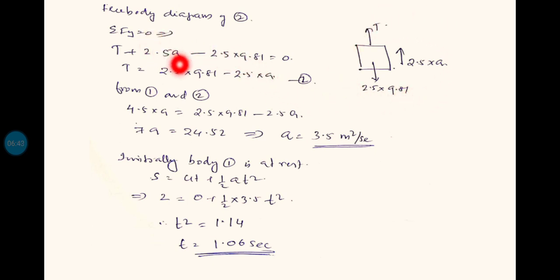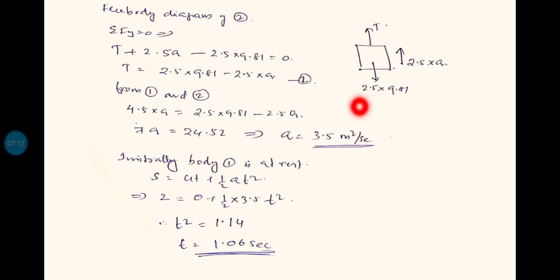So I am following this one, sigma Fy equal to 0. In the y direction, I am taking this as positive: T plus 2.5a, since both are acting in the upward direction, but this is the opposite direction, so minus 2.5 into 9.81 equal to 0. You may be thinking that 2.5 into 9.81 is acting in the downward direction and T in the upward direction, so this term has to be taken as positive. Okay, that also is right.